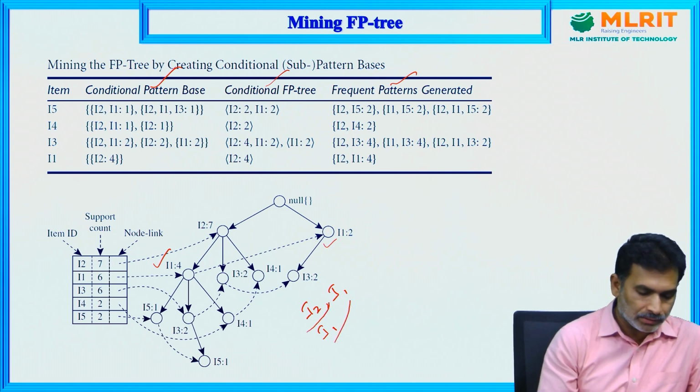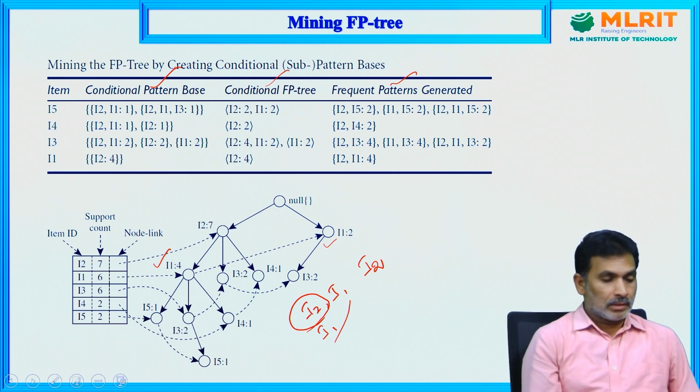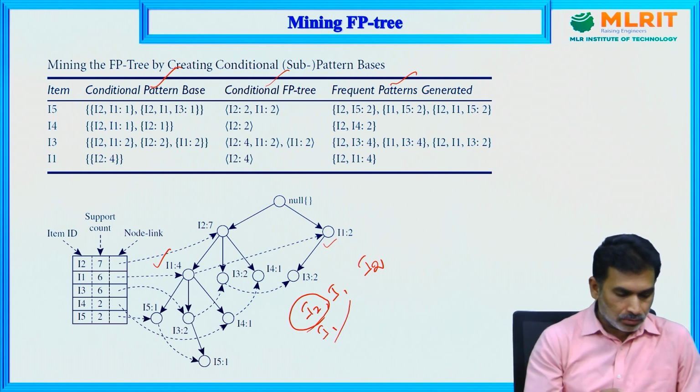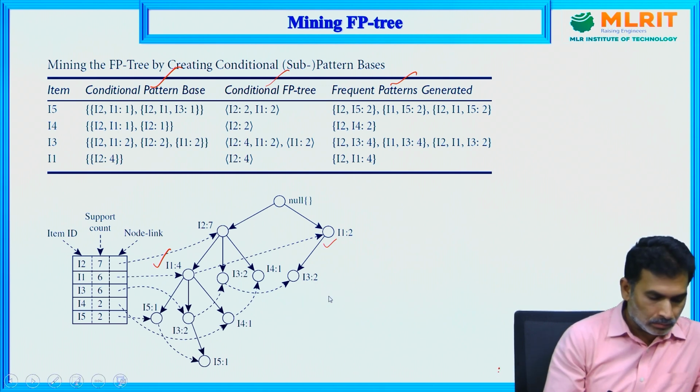We have to consider the prefix of these paths. So I2 will be the only item available in the prefix of this I1 conditional pattern base. If you observe, there is the path I2, I1 and its frequency is 4.